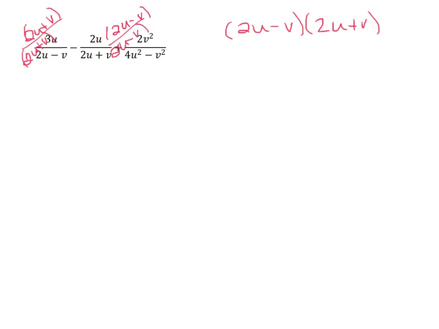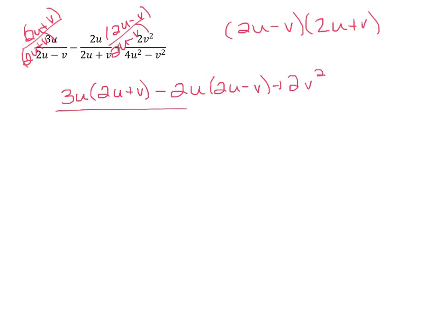So then when we do that, we end up with 3u times 2u plus v minus 2u times 2u minus v plus 2v squared, and it's all over the common denominator, 2u minus v times 2u plus v. And now we simplify.